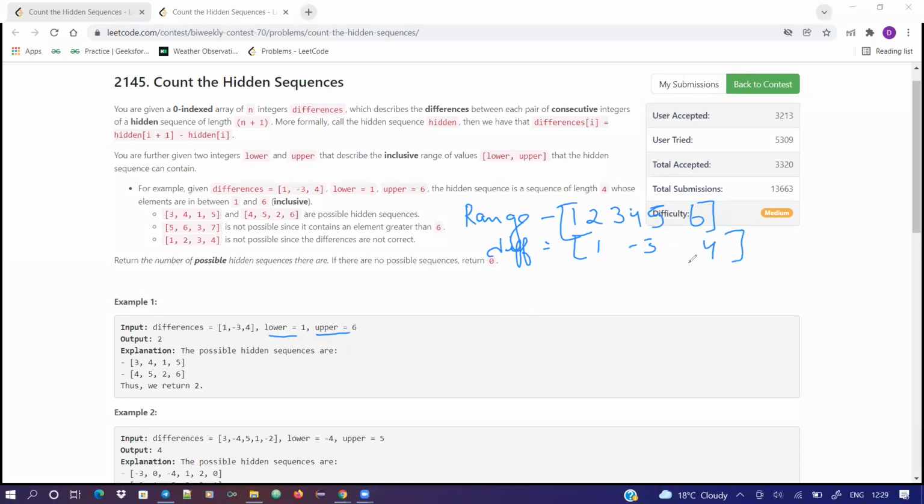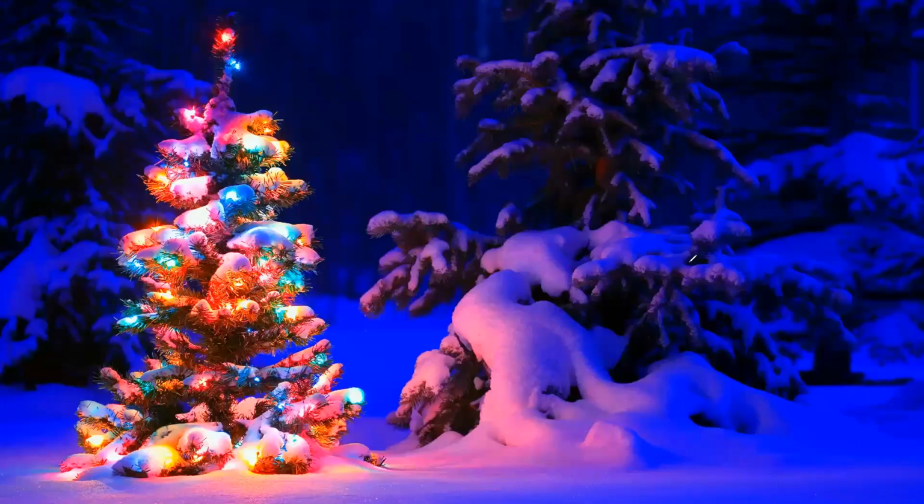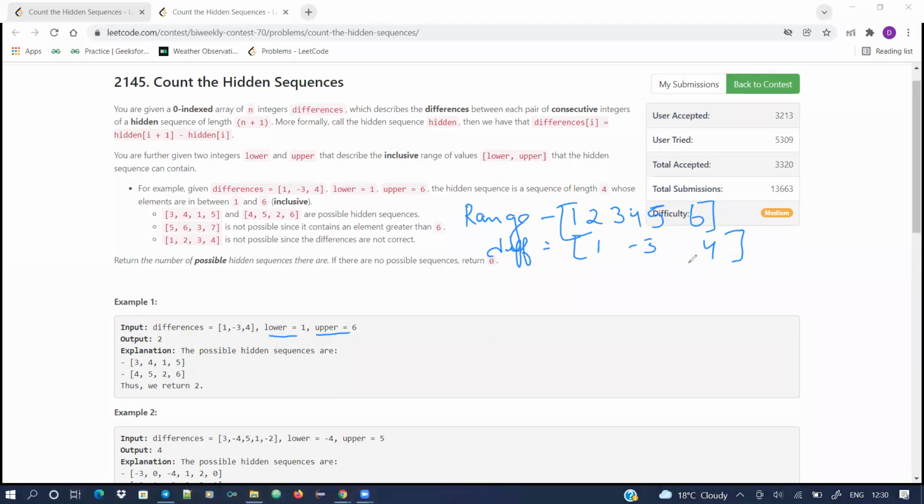Let's generalize this difference and try to make the sequence. Let the starting point be x, and the second number should be something such that that number minus x will lead to 1. So therefore x plus 1.